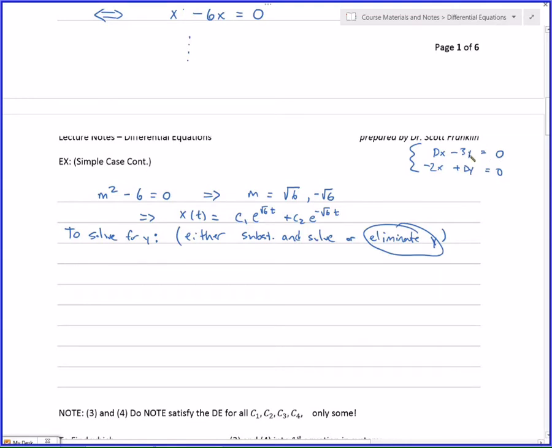So multiply the first one by 2 and apply d to the second one, right? Multiply 1 by 2 and apply d to equation 2, right? This is equation 1, this is equation 2.